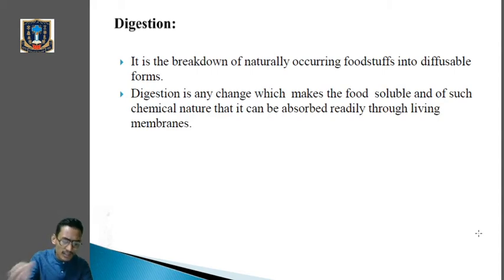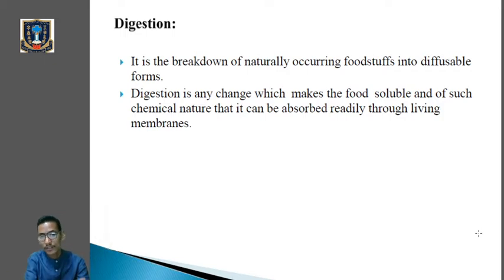So what is digestion now? It is the breakdown of naturally occurring foodstuffs into diffusible forms, because the complex food materials that we eat are not readily absorbed by the body cells or by the blood. So they have to be converted into a soluble form so that they can be absorbed by the blood, by the body.